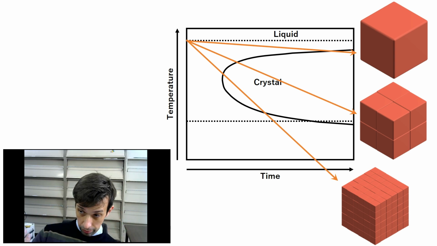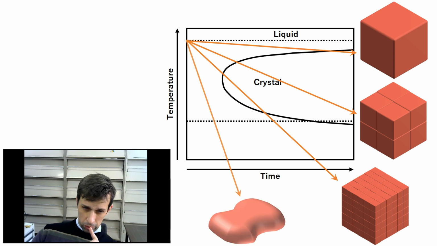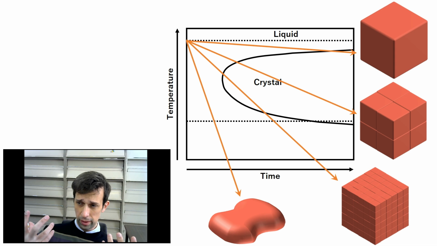If you go very slow, we have one crystal, like in jewelry or, for example, in energy applications. For example, turbine blades can be monocrystalline. Okay. If we cool down very, very fast, we don't give the time to the material to find an order, and what we get is an amorphous material, like in the case of glass.